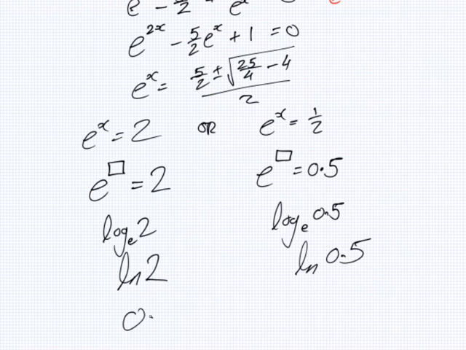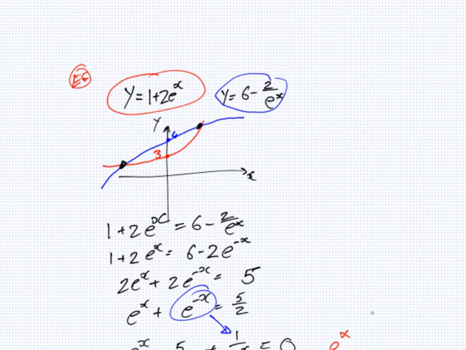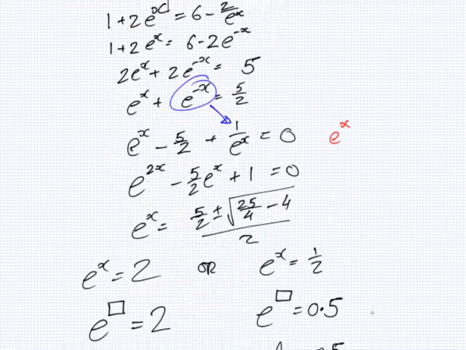So I think this is like 0.69 and this is minus 0.69, maybe? Yes, about. So these are the two answers for x, which is good because when you look at my picture at the start, I thought there should be a positive and negative x answer.